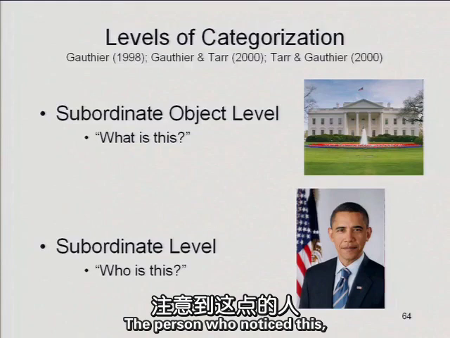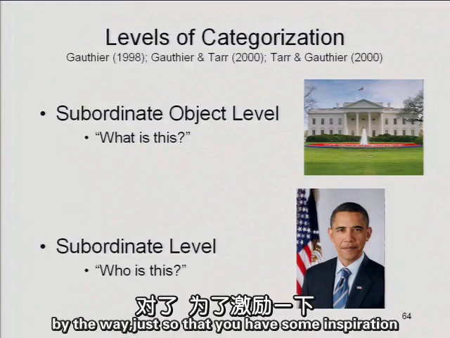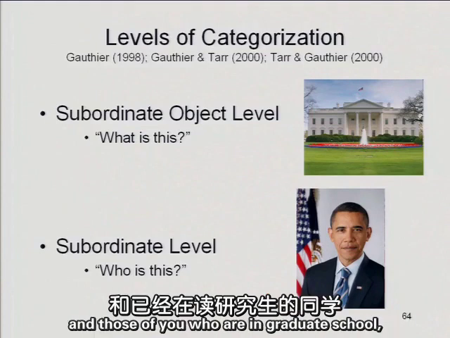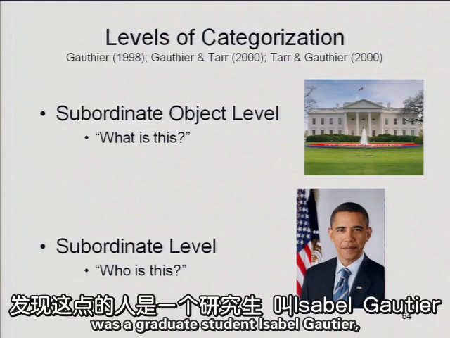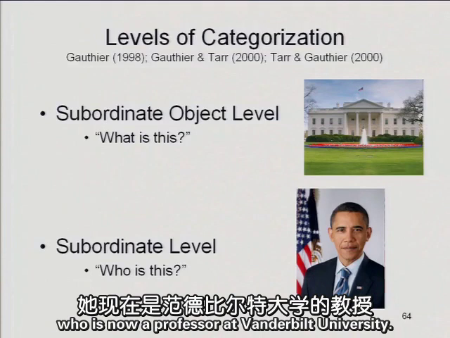The person who noticed this, by the way, just so you have some inspiration for those of you who are going on to graduate school, or those of you who are in graduate school, was a graduate student, Isabelle Gauthier, who's now a professor at Vanderbilt University.